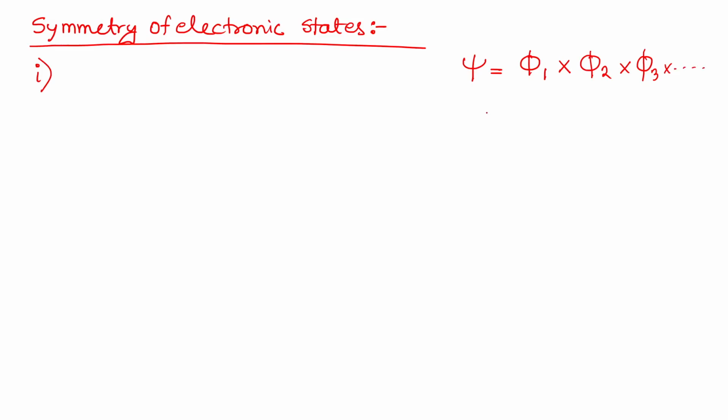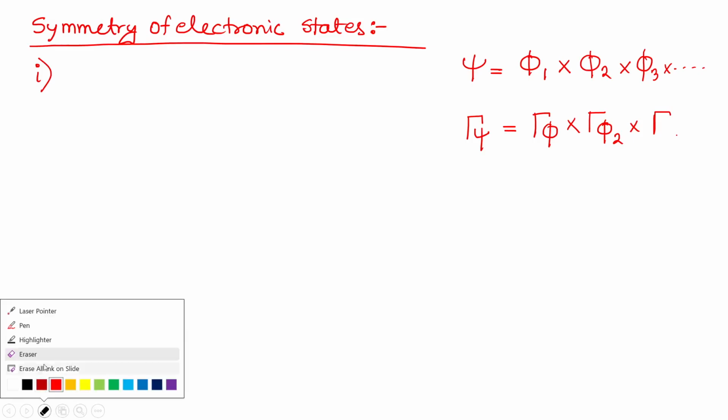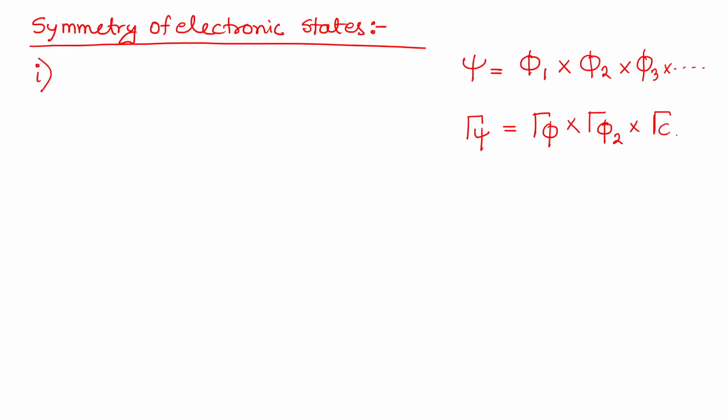And so the character is going to be a product of all those molecular orbitals, and eventually lead you to, sorry, I've written Q. That is going to give you your state.